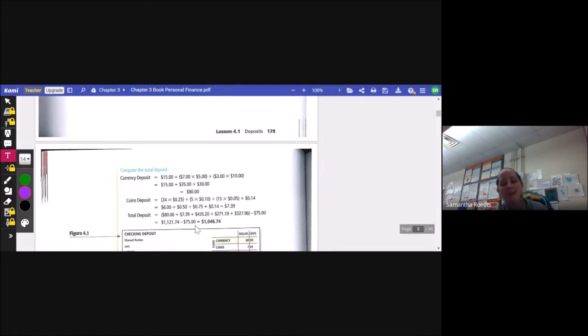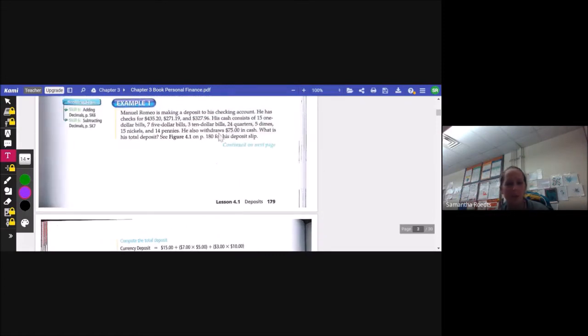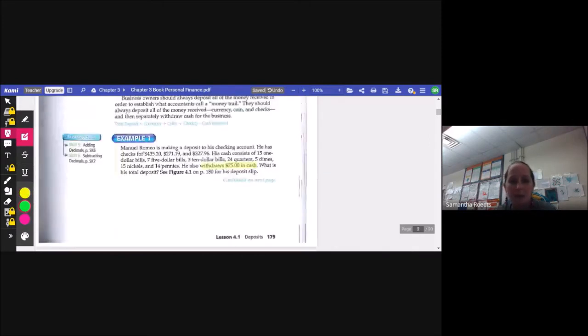And then we subtracted the $75. Remember, he took $75 out in cash. So he withdrew that $75, and I'm subtracting that. I added everything in green: the checks, plus his 15, 35, 30, the quarters, the 5 dimes.